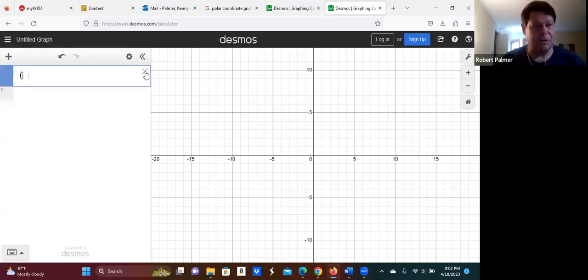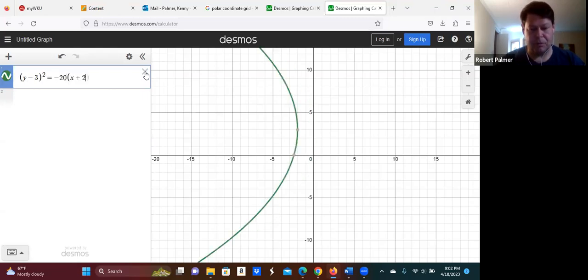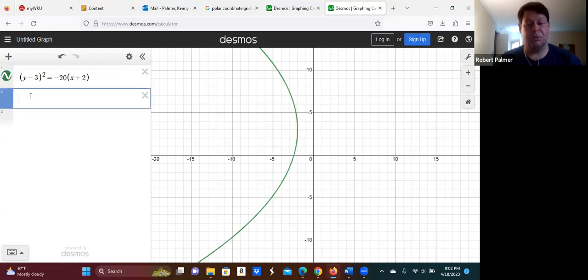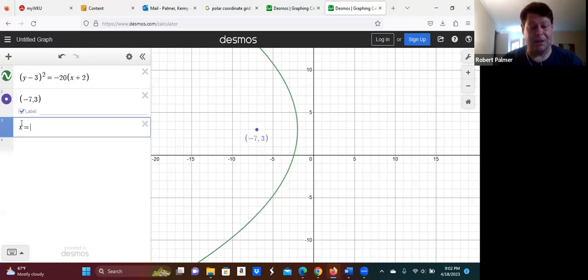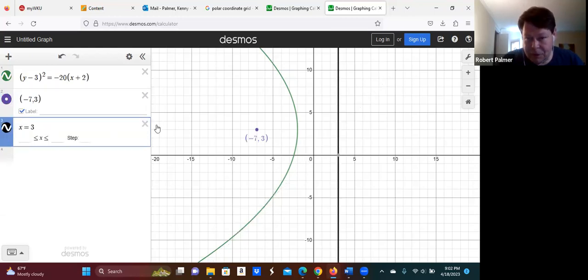So we have in parentheses y minus 3 quantity squared is equal to negative 20 times x plus 2. Okay, so our vertex is negative 2, 3. So our focus should be the point negative 7, 3. Label that. Their directrix is the line x equals 3. And make sure that looks correct.